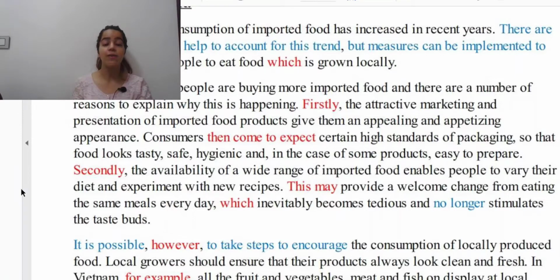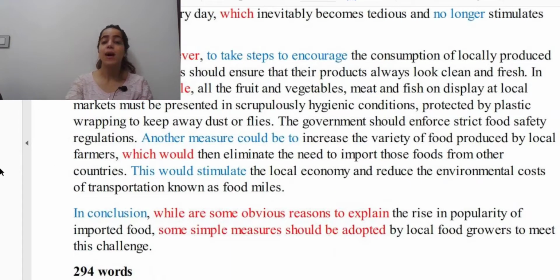So we are talking about the reasons for which people are inclined to go for those kinds of imported foods. Let's move on and talk about the second part of our discussion, which is about different kinds of solutions that can be implemented.